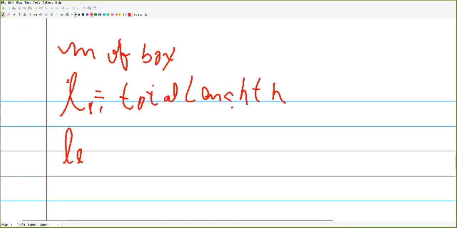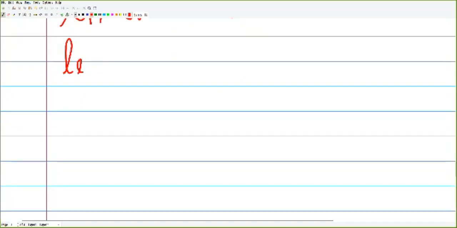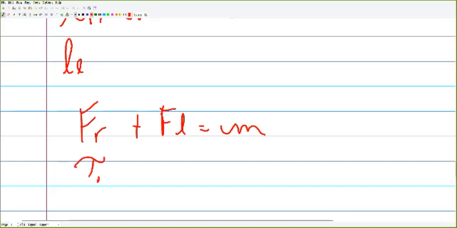Okay, so it would be the sum of forces, F of R plus F of L must be equal to the mass. And we just figured out that the torque of the right plus the torque of the left must be equal to 0.